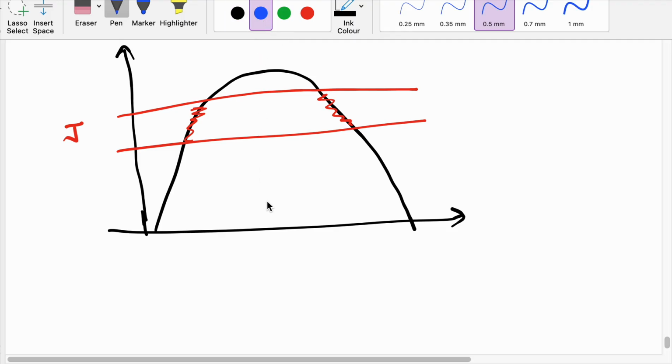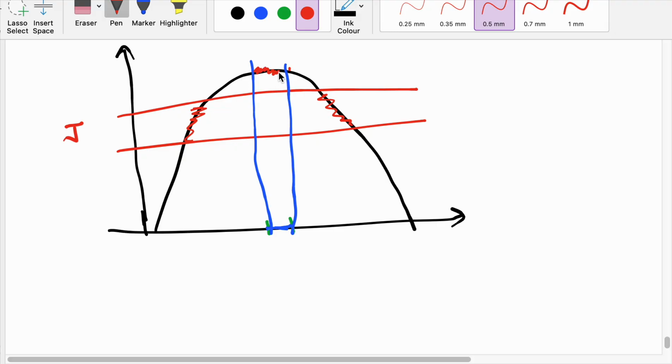Suppose I am assuming here a small interval I. Now if you see, after iteration, the iterated points of this interval will map to this region.